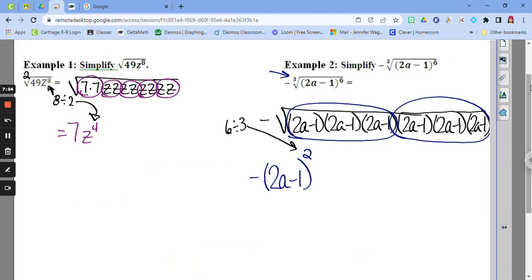Because when you're writing index versus exponent, 49 z to the 8th to the 1/2 power. So the denominator of this fraction is the index. So something you can be working with and using here. Just like now we're dealing with the power rules.